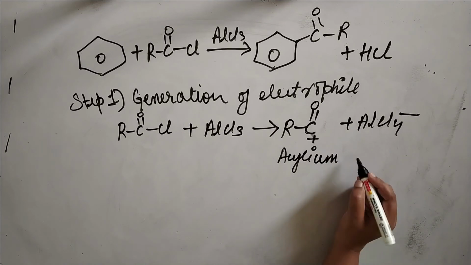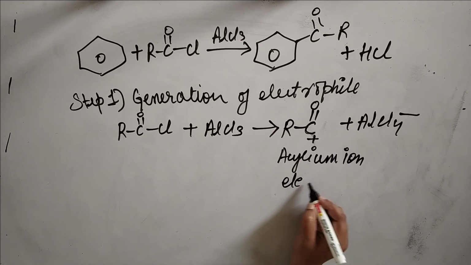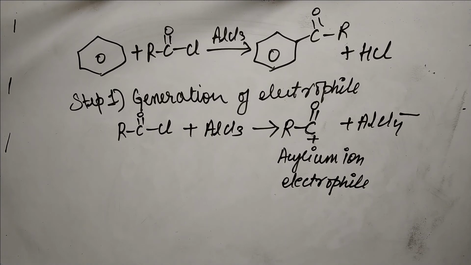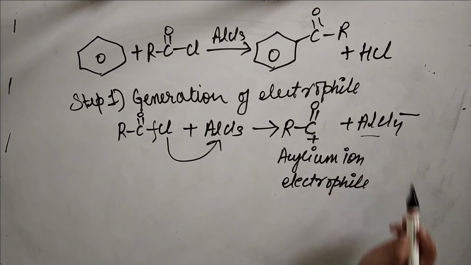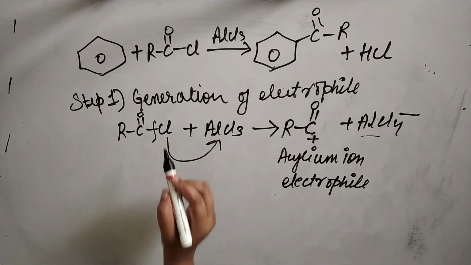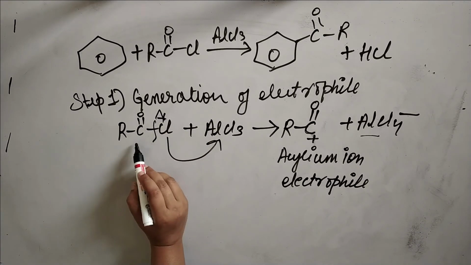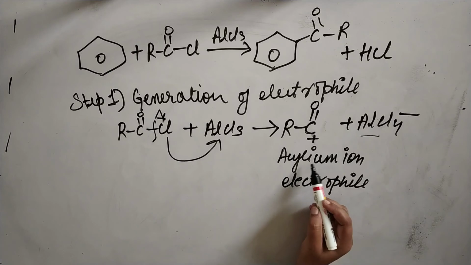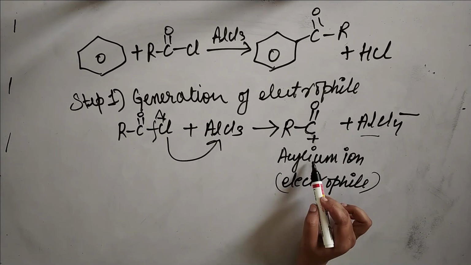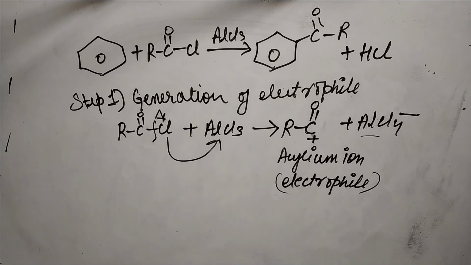This acylium ion acts as an electrophile. Here the chloride forms a bond and converts the Lewis acid into AlCl4 minus, and the electron deficiency occurs on this carbon, and this is the electrophile, the generation of the acylium ion. So this acts as an electrophile.